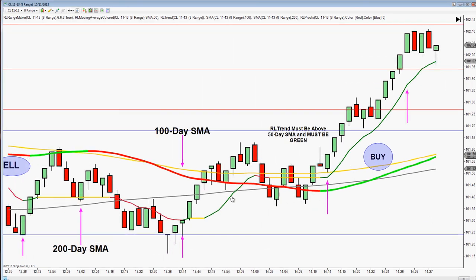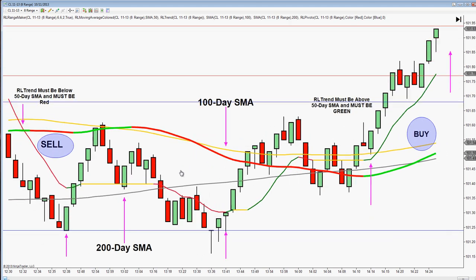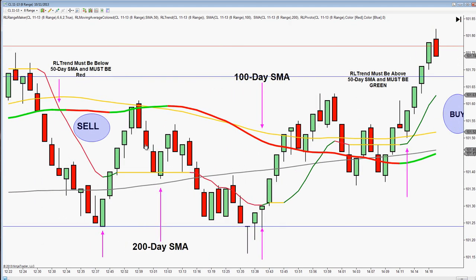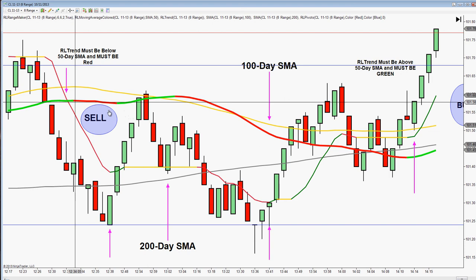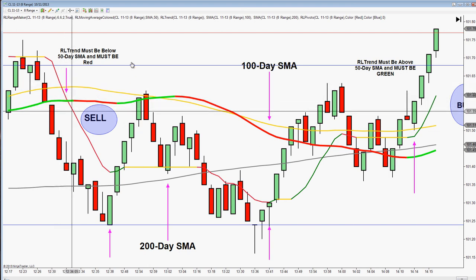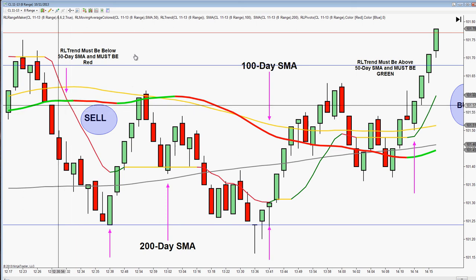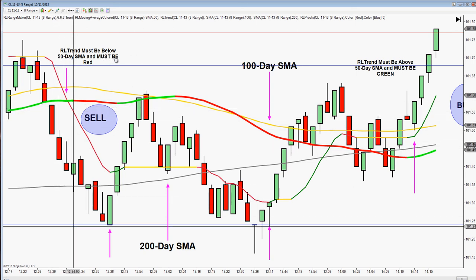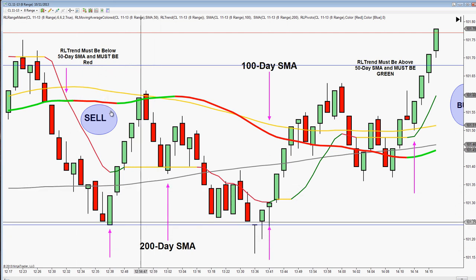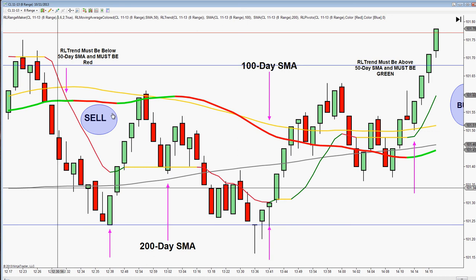Now, a short would be below the 50, below the right line trend, which is heading across it in red, and we're not trading into any pivots. The first pivot is all the way down here. There'll be no problem there. The 200-day SMA is all the way down here.